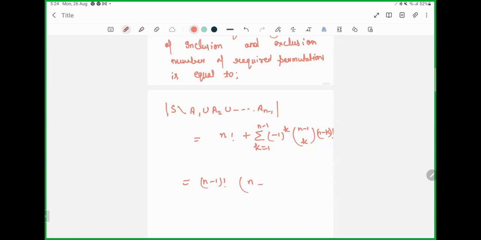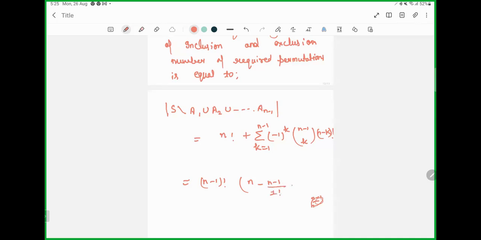That will be minus (n minus 1 choose 1) times (n minus 1) factorial over (n minus 1) factorial, and this is precisely n minus 1 over 1 factorial.